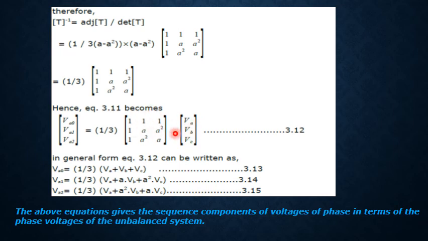Multiplying these two matrices gives the respective zero, positive and negative component values in terms of the unbalanced phasor values. Hope this is understandable for everyone. There is no need to explain how to do the matrix multiplication; it is clear for you.